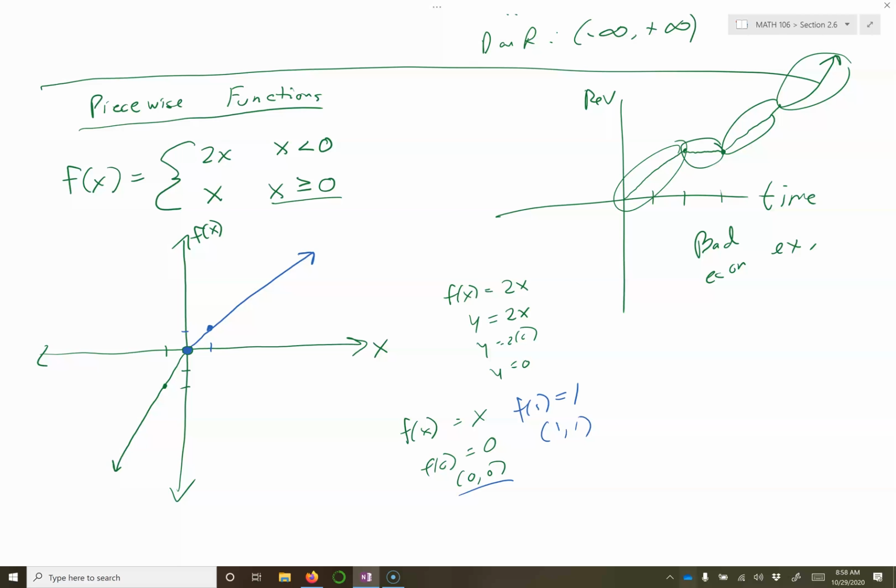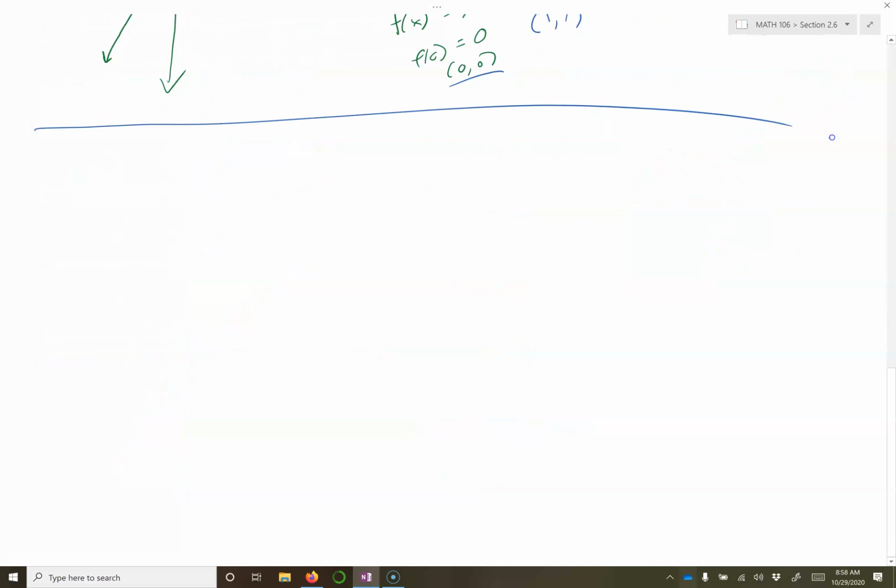All right, let's do another one. Which one's next? Yeah, I'm going to give you a 3-piecer. We'll call this g of x with a big curly brace. Here it is. Let's see.